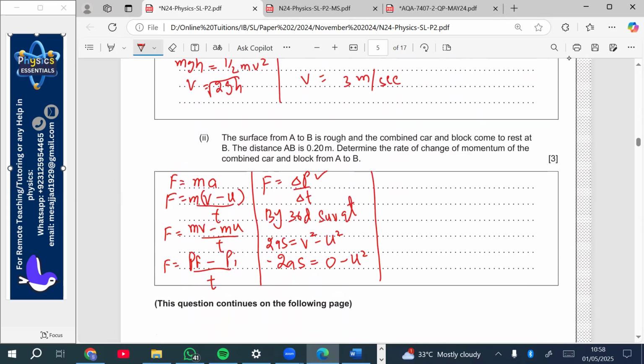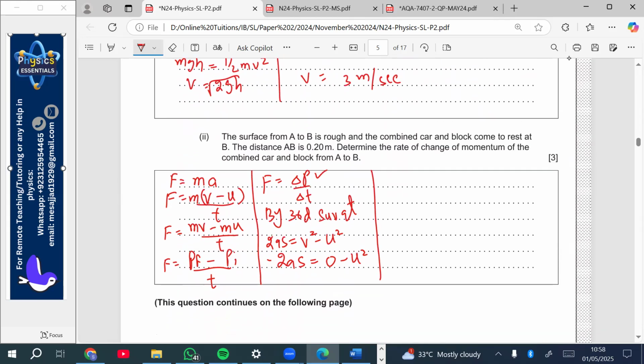So we have to consider a speed of 1.2 here, okay? Be careful with that. So minus 2as equals minus u square, negative negative cancelled. From here you can get the acceleration as 1.2 square divided by 2 times 0.2, that is your total distance. And from here my acceleration is 3.6 meter per second square.